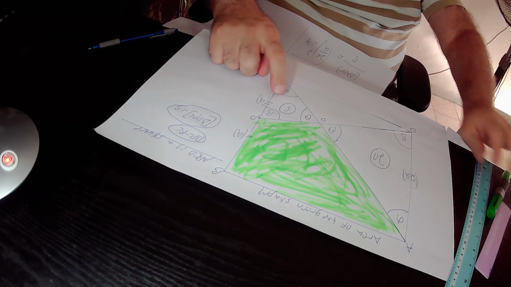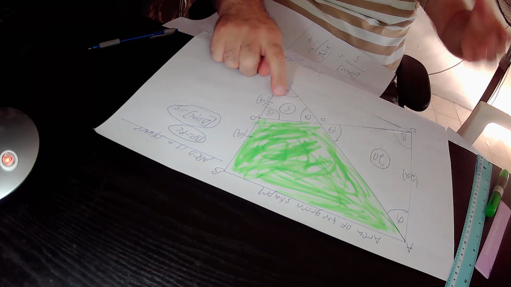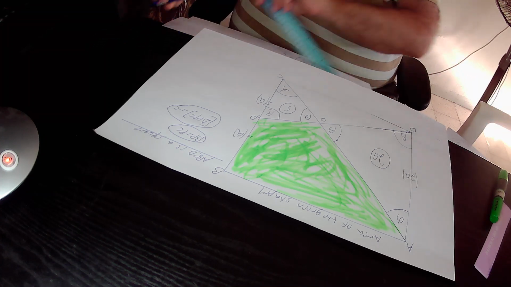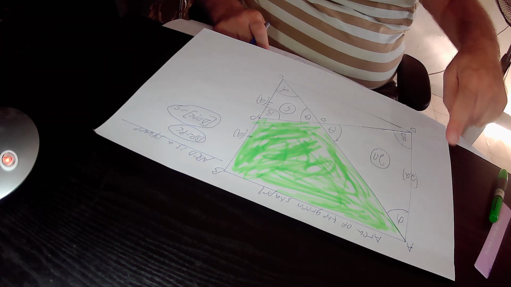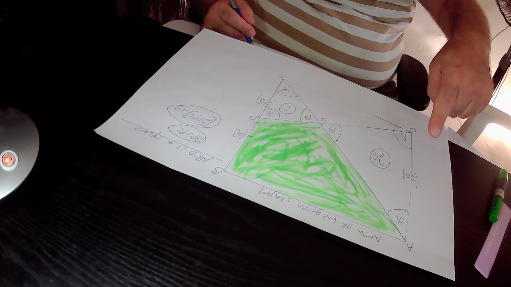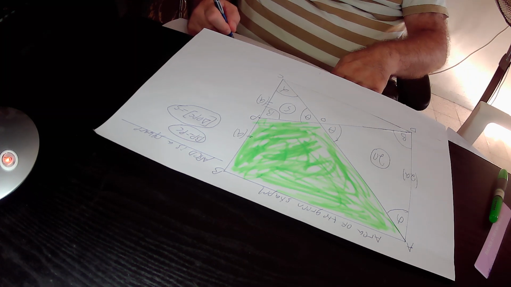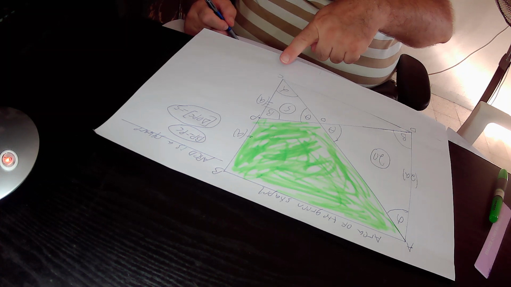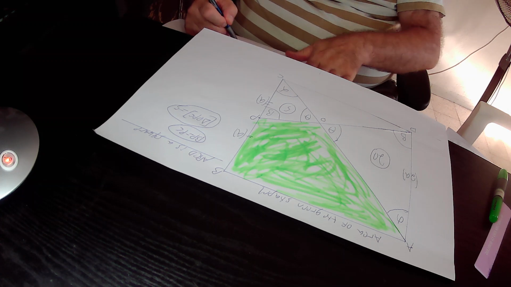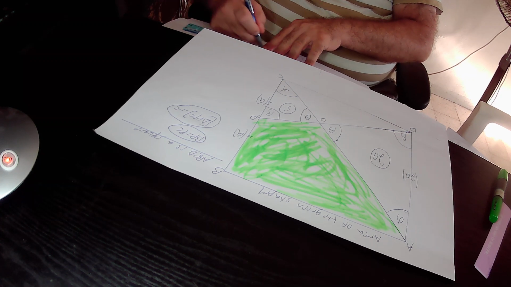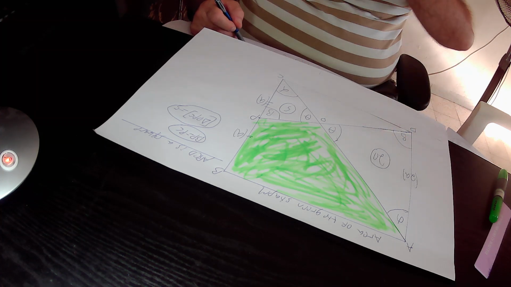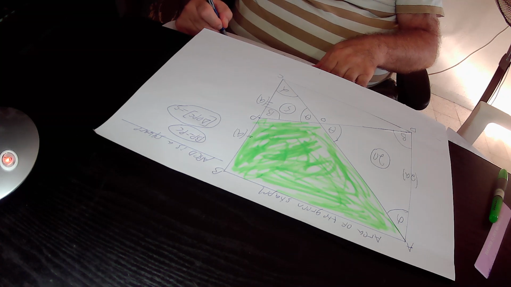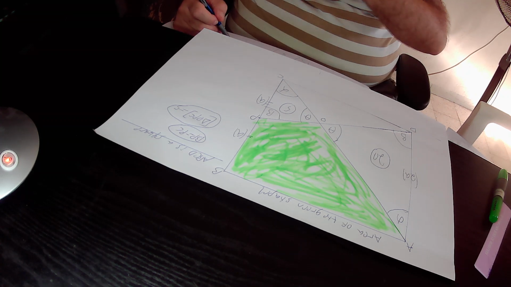Those two triangles are similar to each other, and therefore the following relationship exists between their sides. Side AD of this big triangle ADO over side PC of this small triangle POC is equal to side AO of this big right triangle AOD over side OC of this small triangle POC.